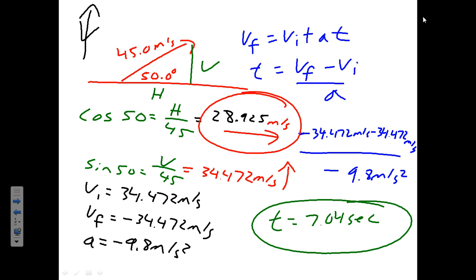I'm going to go to a different slide so we have some space. So our horizontal component of our velocity, I'll write it as VH, was 28.925. And that's how fast we're going sideways.